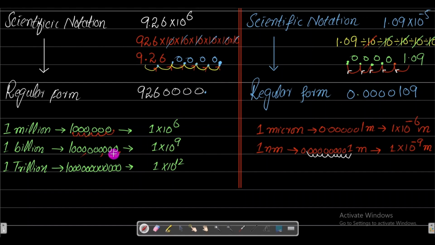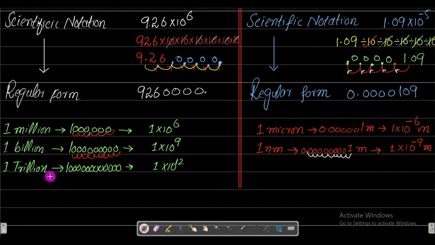For this step, that will become 10 power plus 2. For this step, this will become 10 power plus 3. And for this, that will be plus 4, plus 5, plus 6, plus 7, plus 8, and plus 9. So the same, we will write that 1, the non-zero digit, and multiply by 10 power 9.